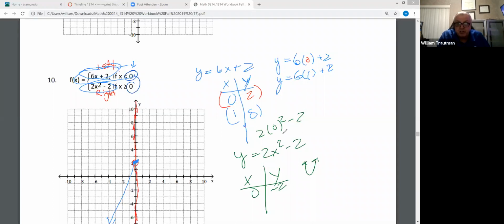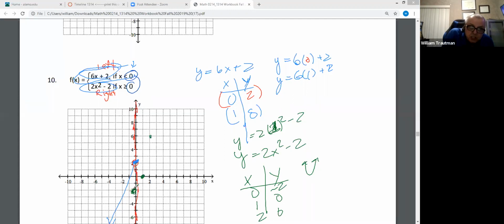I'm going to try another number, 1. If I plug 1 into the x value, I get 0. If I plug 2 into the x value, I get 6. So I get 0, -2, 1, 0, and 2, 6.